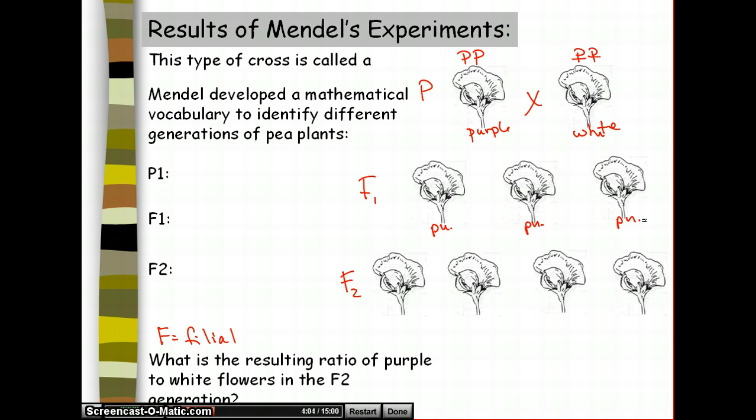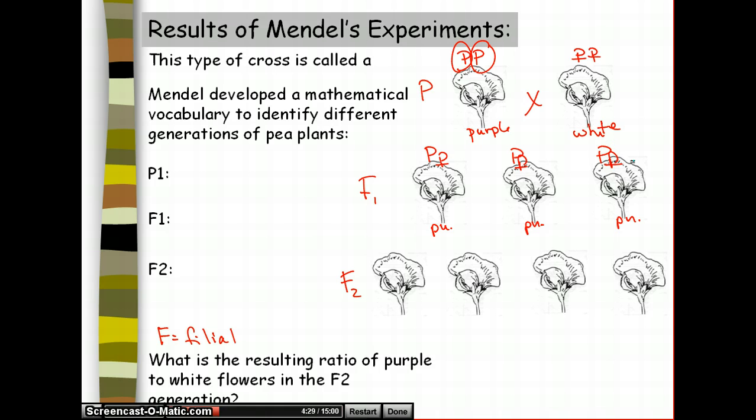Why? That was his question. What he figured out was that the genes in the parents, which in this case are big P and big P, segregate or separate into the offspring. So this parent gave each child a big P. The white parent gave each child a little p.